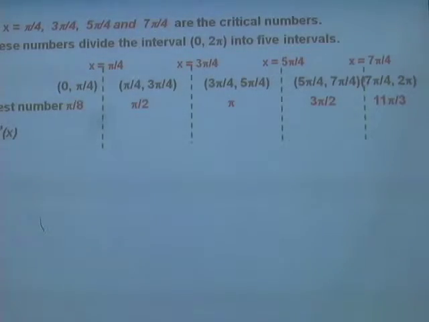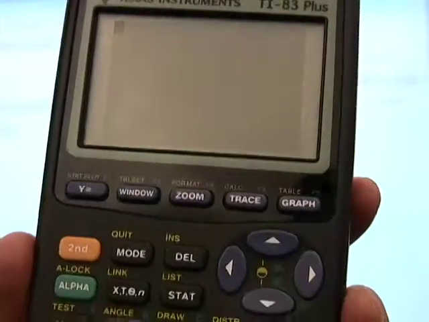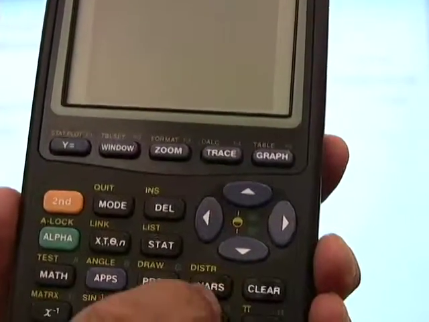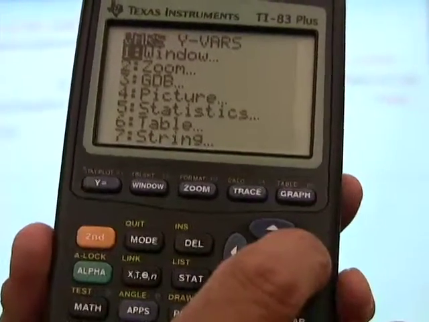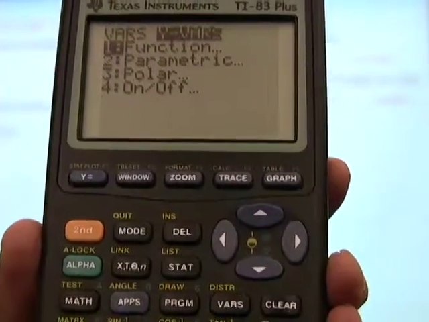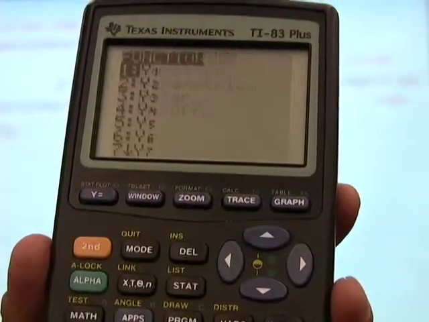What do we want to find? If you look at the board, we want to find the value of the derivative at x equal to pi by 8. So find the value of y2 at x equal to pi by 8. So we go to vars, and write y vars and function, that's enter.